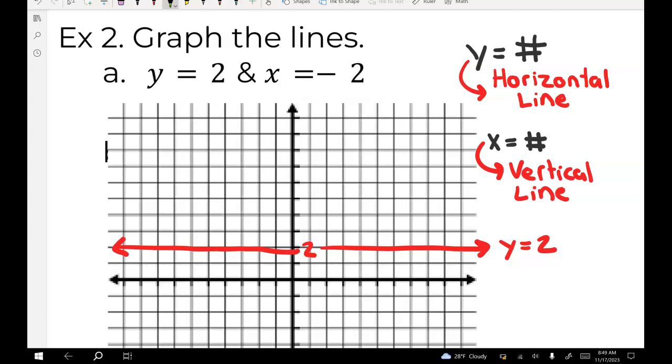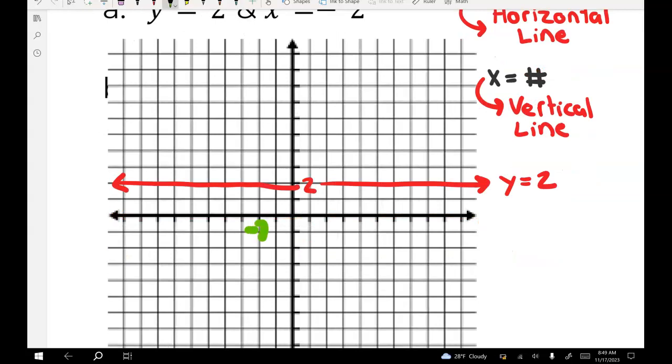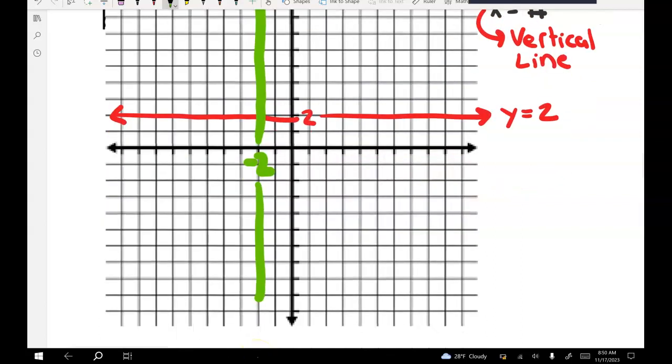And now we have to go vertical, so we're drawing a line up and down. So negative 2, going up this way, and down that way. Because anywhere on this line, our x value is always negative 2. This is negative 2 comma 1. Negative 2 comma 2, negative 2 comma 5, negative 2 comma negative 3. It always starts with a negative 2.